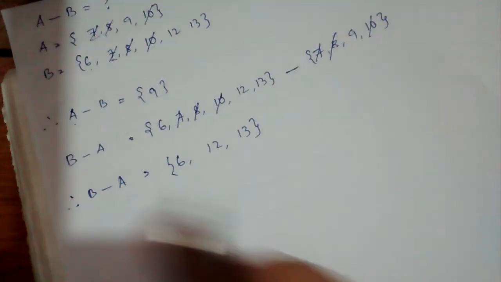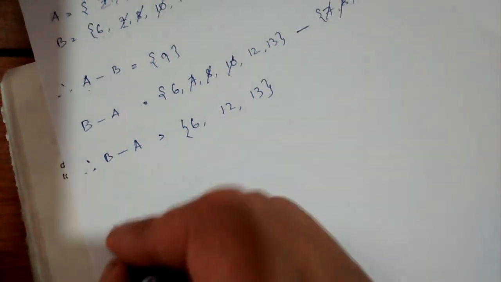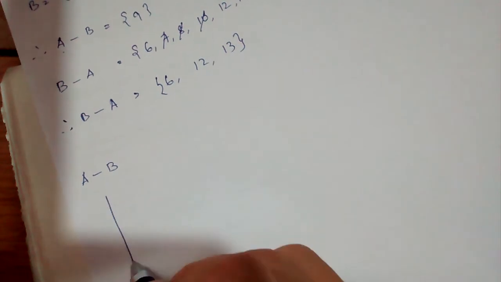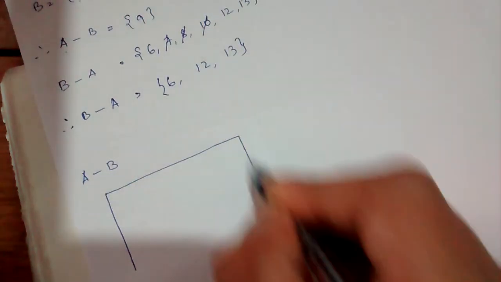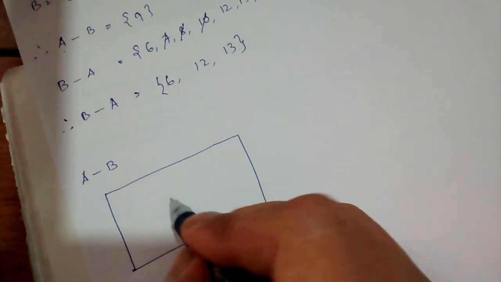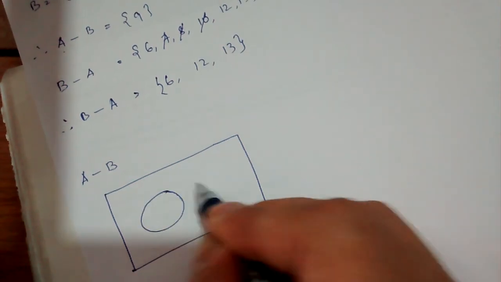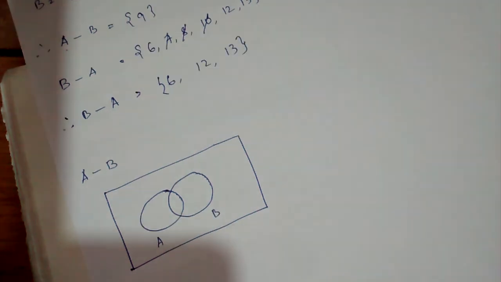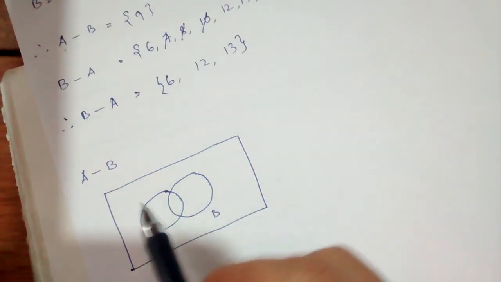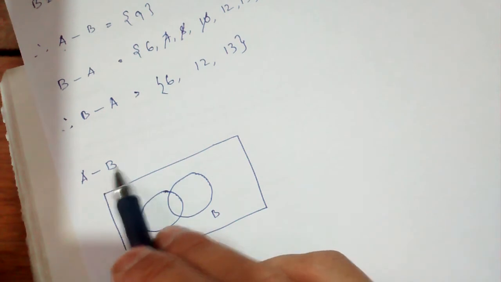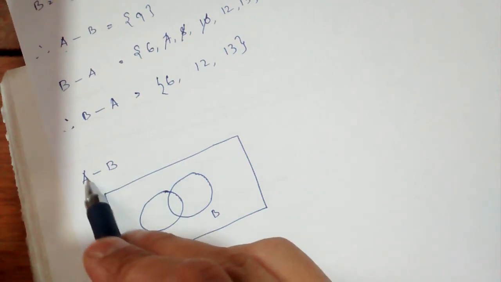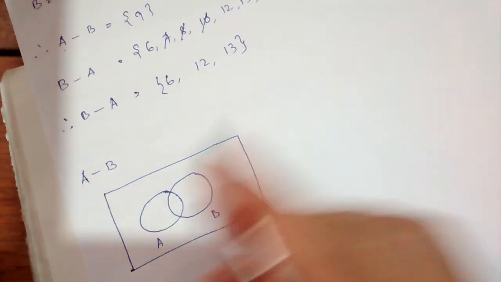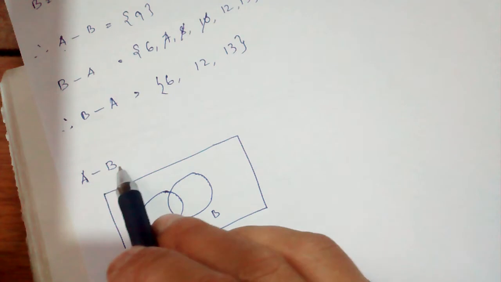Now how would you plot this? If you were to plot it using a Venn diagram, it should be like this. Let's say that these are two sets, A and B. When you say A minus B, you are subtracting the common portion from A. Anything that is common between A and B is being subtracted, or anything that A contains of B is being subtracted.